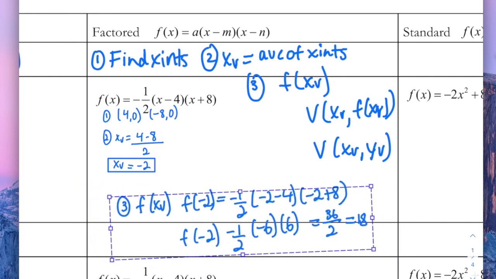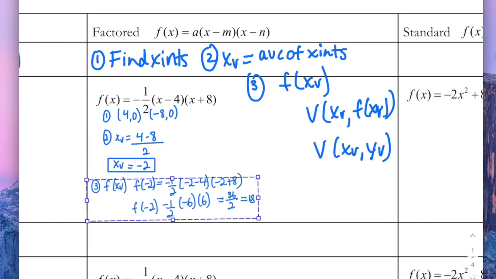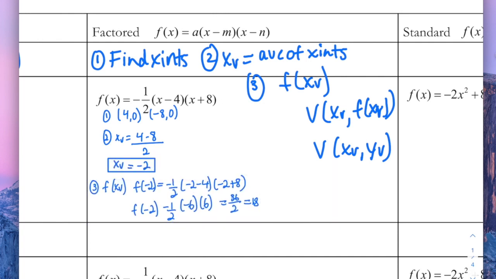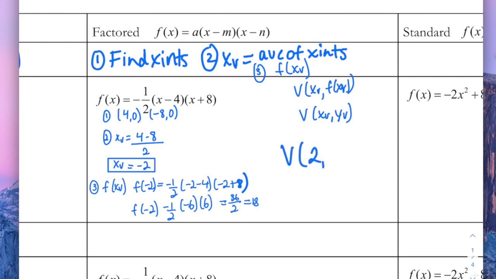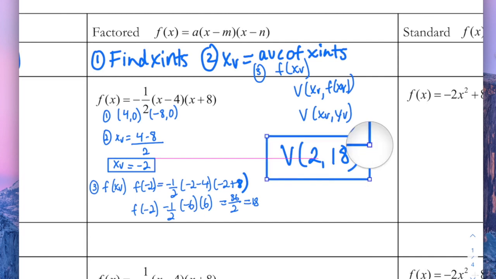All right, so we can see that our vertex very clearly is (-2, 18). So that was a bit of work, but we can still do it.